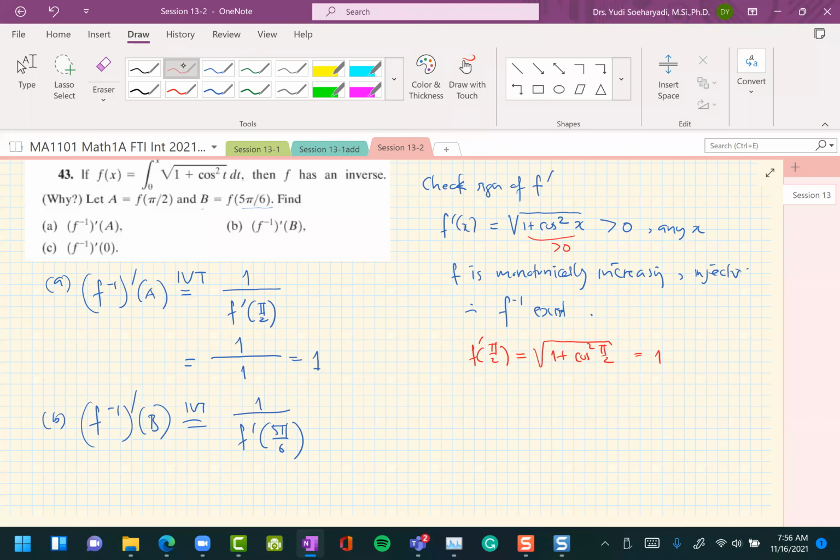So if you compute that, all right, what is 5 pi over 6? That means 150 degrees.